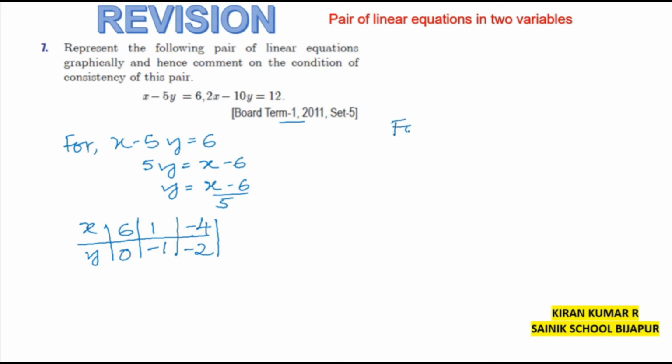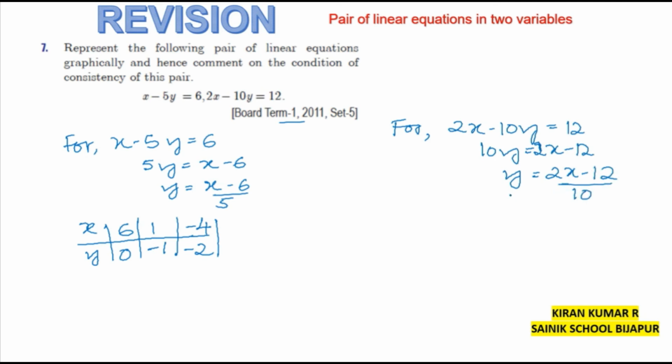Now let me consider the second equation, 2x minus 10y equal to 12. So 10y becomes 2x minus 12. So y will be 2x minus 12 divided by 10.